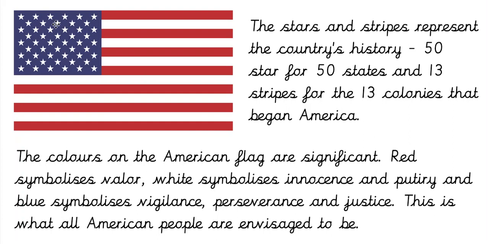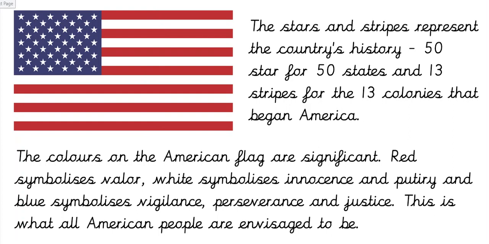And then the 13 stripes represent the 13 colonies that began America. So again, it's looking at the history of America. In this flag, they are using both colour and design to tell a bit of history about America and to tell the personality of America.